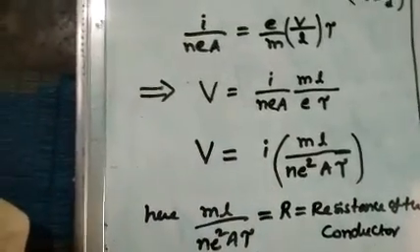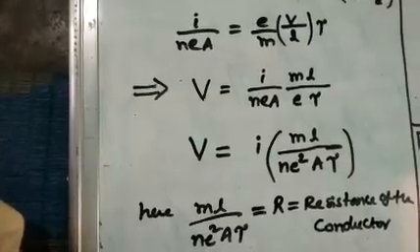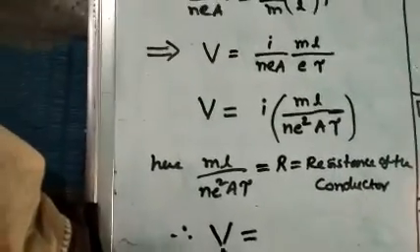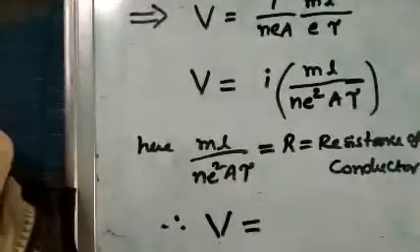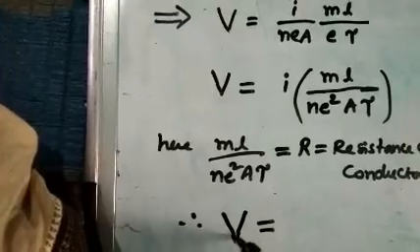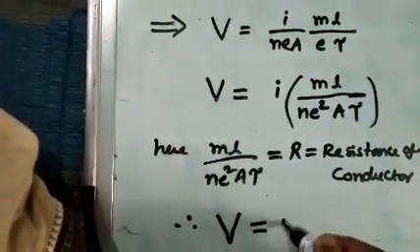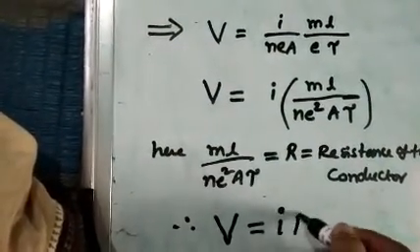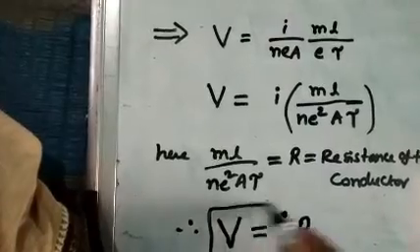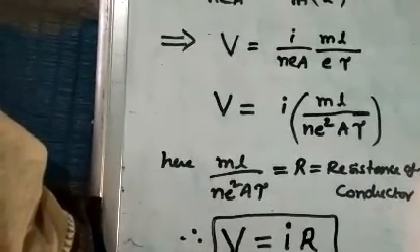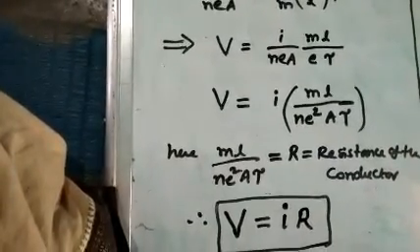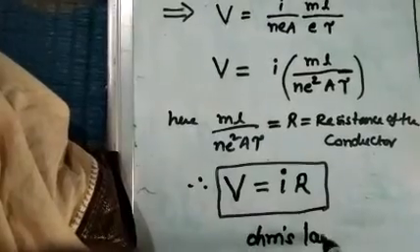Therefore potential V is equal to I of, this bracket is nothing but resistance R, which is called Ohm's law. So it is called Ohm's law.